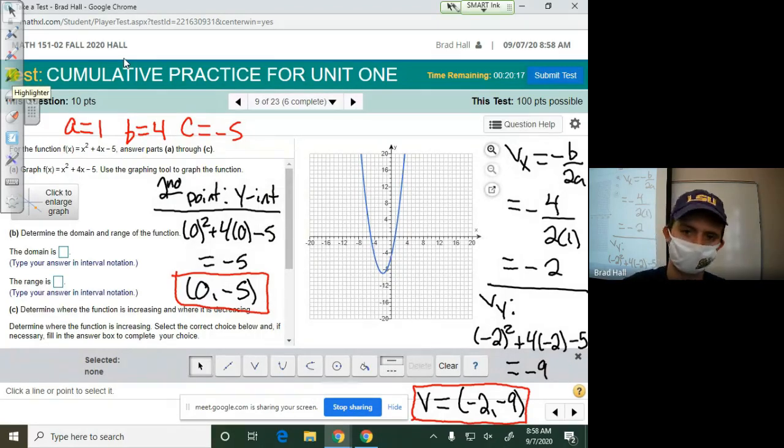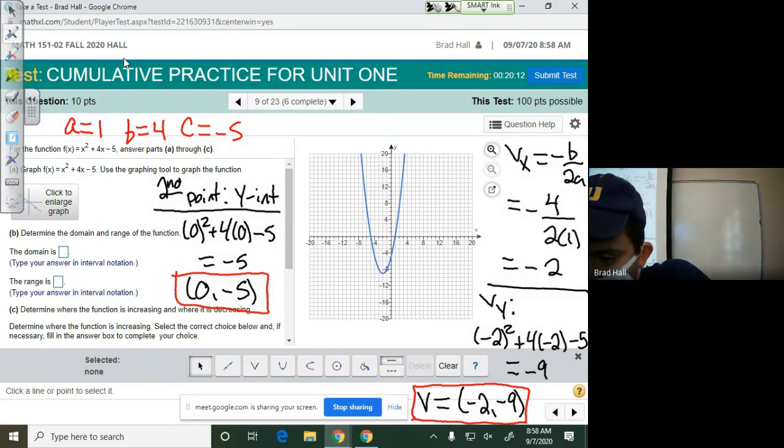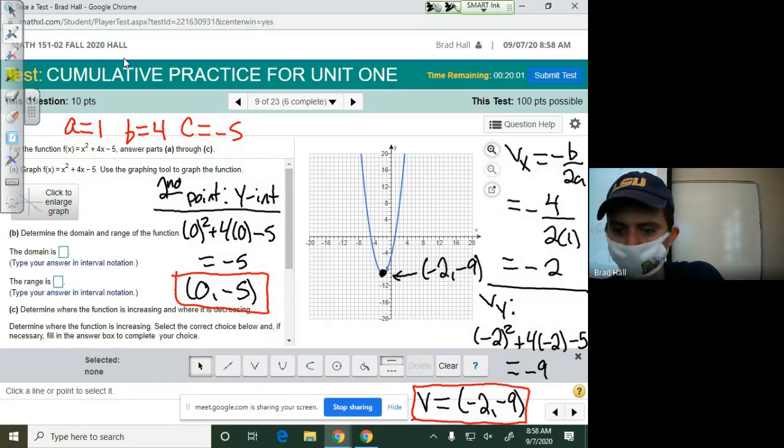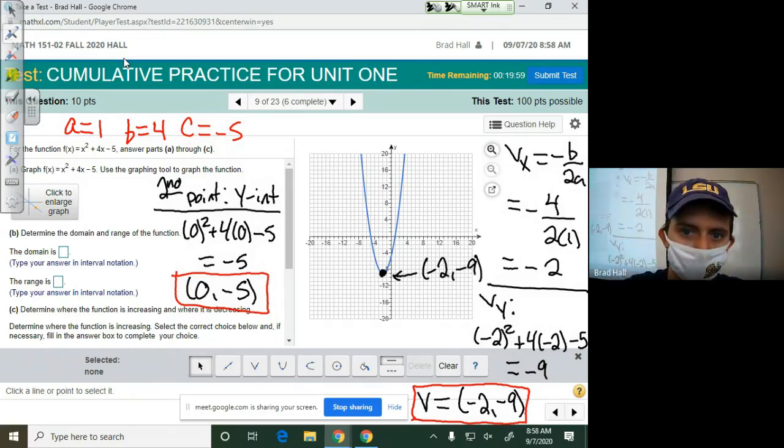And as I did for a previous problem, I'm going to emphasize the vertex, as we will see momentarily why. Now they ask us to find the domain, the range, increasing and decreasing.